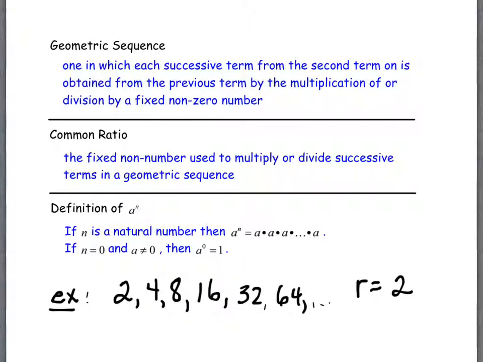Definition of a sub n. I'll show you why we need this in a minute, but for now: if n is a natural number and you have a raised to the nth power, all that means is that you multiply the value a by itself n times.